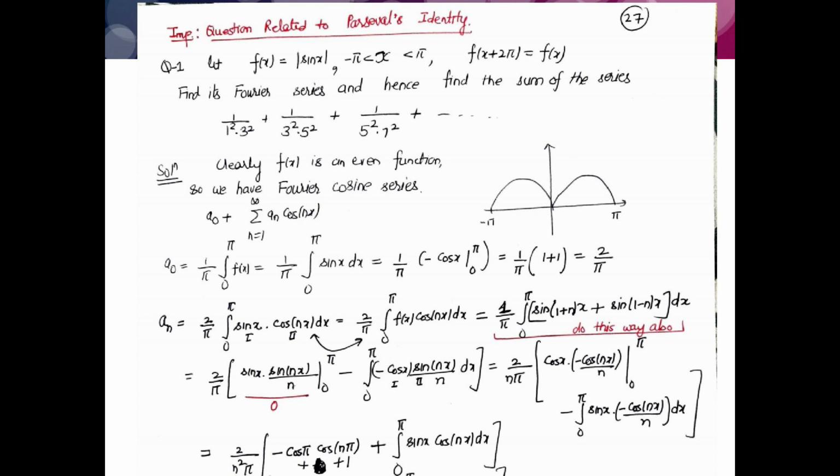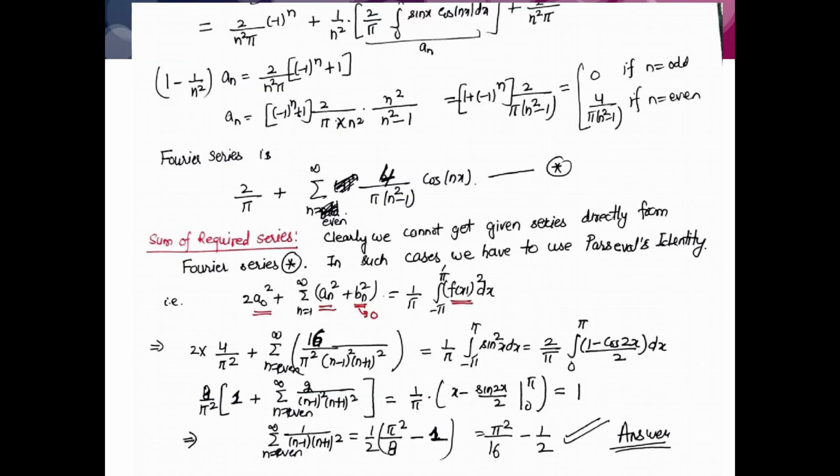Integrate this. a0 is 2/π and an is, I have shown the calculation part, so after simplification, an is 0 if n is odd, and if n is even, it is 4 upon π times (n² - 1). And the Fourier series is given by star, where we are taking the summation over even positive integers n.